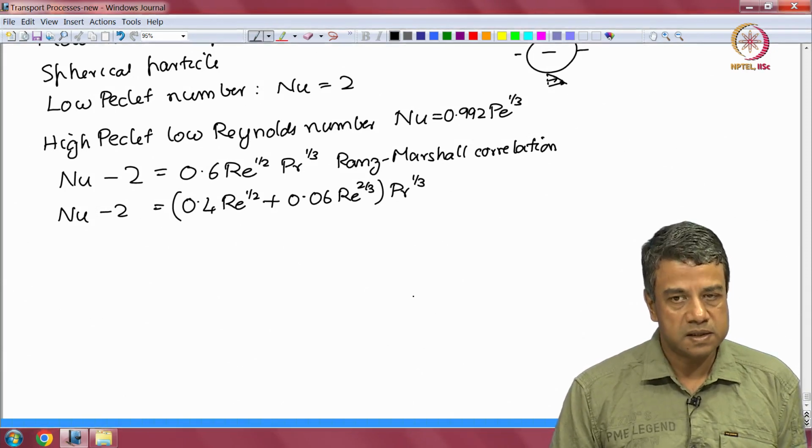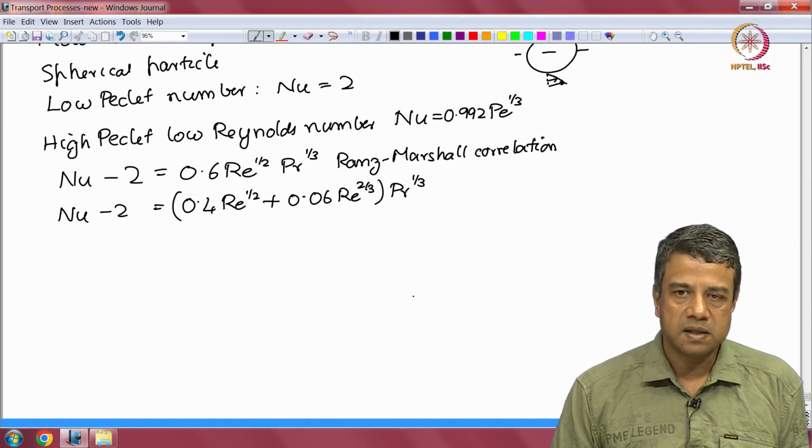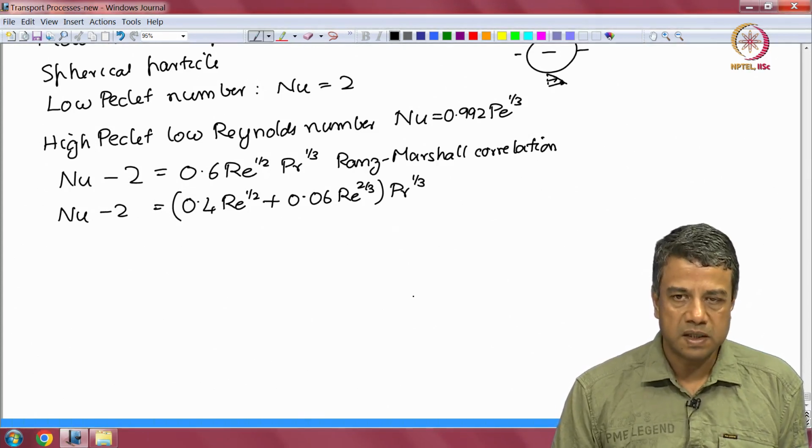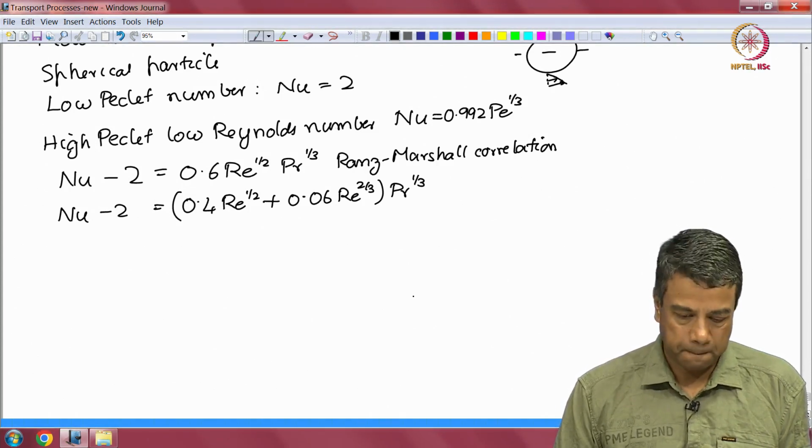That was the design consideration, and as I had explained at that time, this involves a combination of mass and heat transfer. Both mass and heat transfer are involved in this.